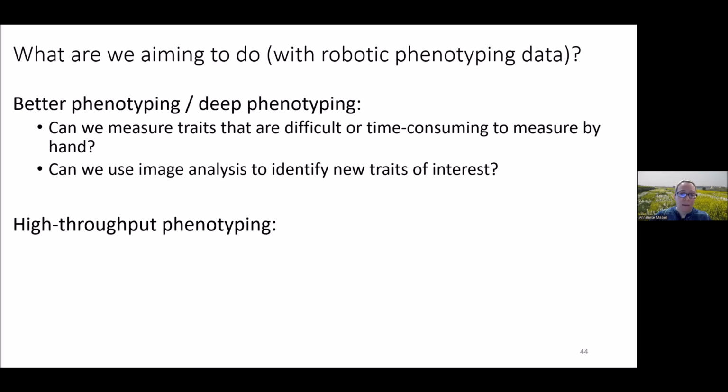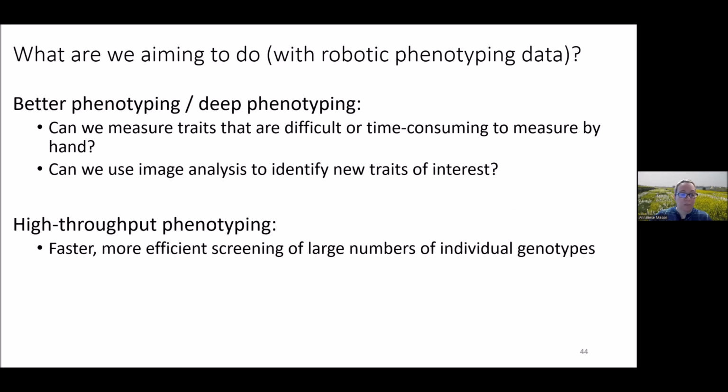High throughput phenotyping is already in progress a little bit as well. So this is with faster, more efficient screening of large numbers of individual genotypes. So this is very important for breeding programs or for research in general that we can get a very quick phenotype analysis. So phenotyping is now the constraint in terms of time for breeding.